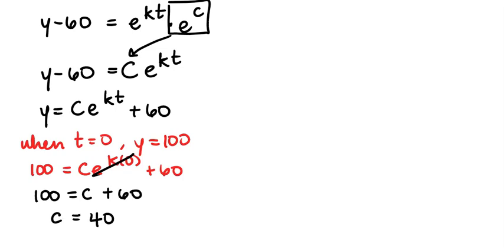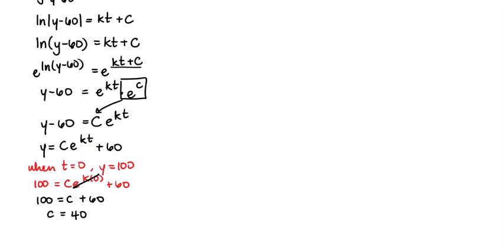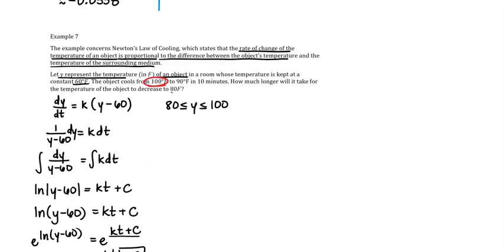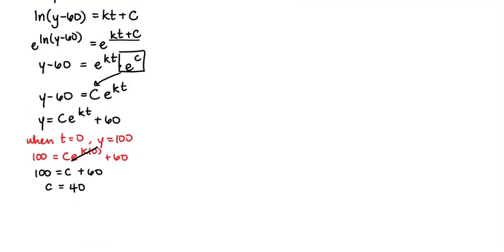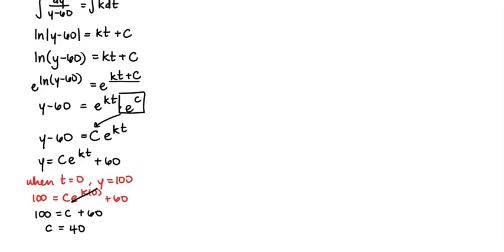Now we need to go a step further and solve for the value of k, and in order to find k, we're going to use the second initial condition, that we know it's 90 degrees after 10 minutes. So we know that when t is equal to 10, y is equal to 90.